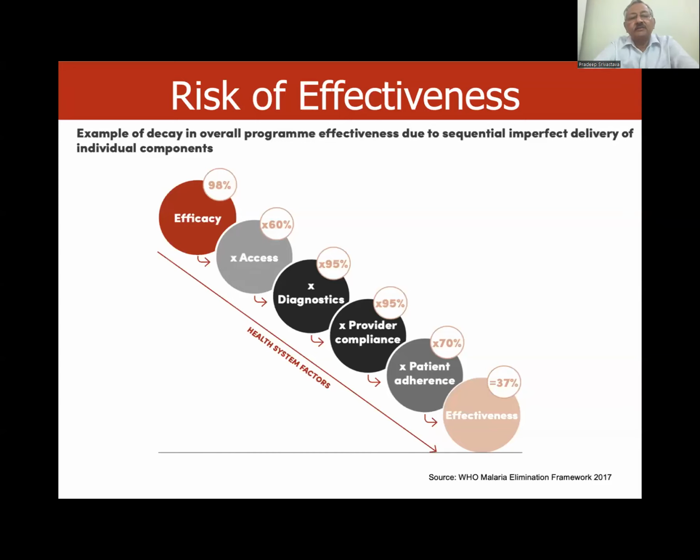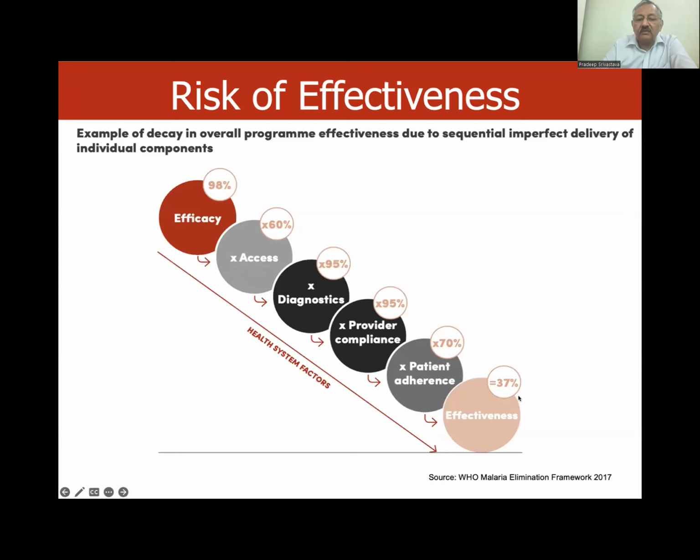This is a statistical assumption graph: if your efficacy is 98% and at every step there is a decay, with 65%, 95%, 90%, then every step has a sequential decay in performance, and you are actually getting only 37% effectiveness output from 98%.